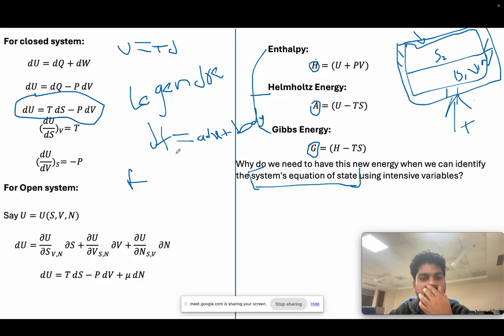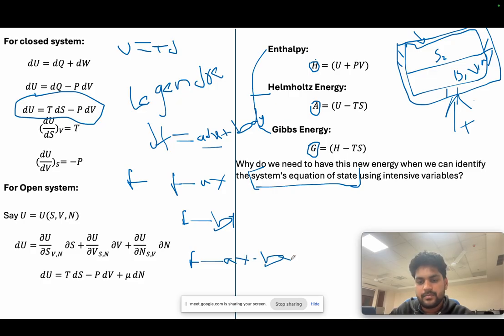So what does the Legendre transform say? If it is in the form of a conjugate pair, then we can write it as f minus ax, or f minus by, or f minus ax minus by. So if you take this one, it is this minus this.